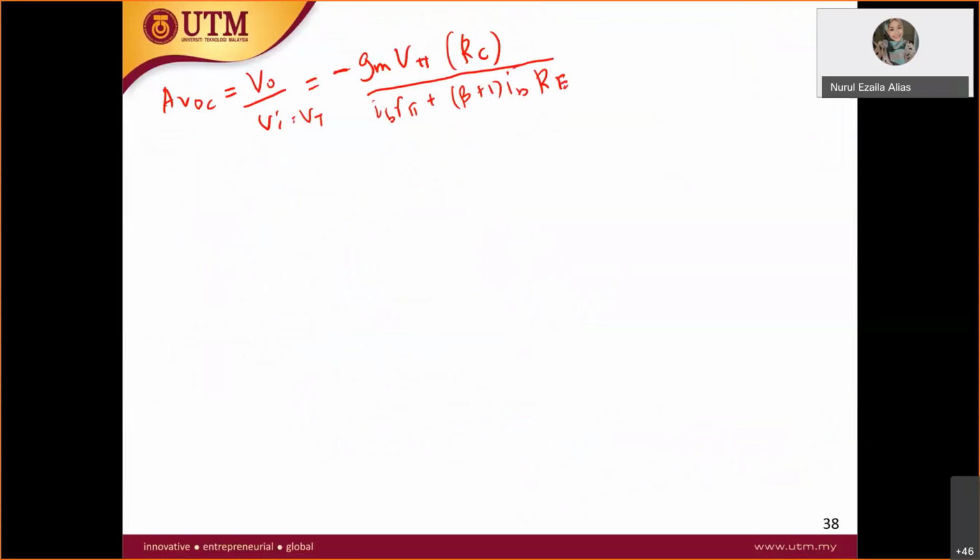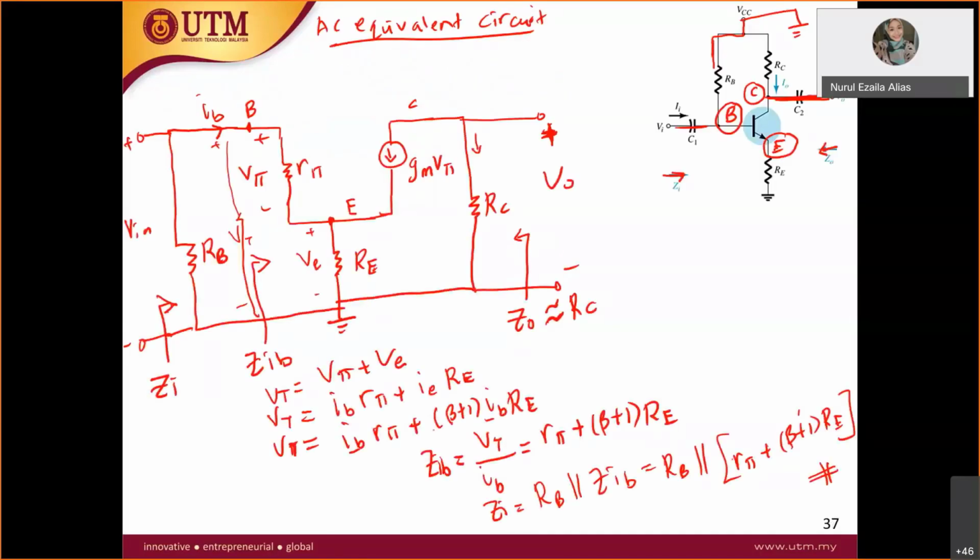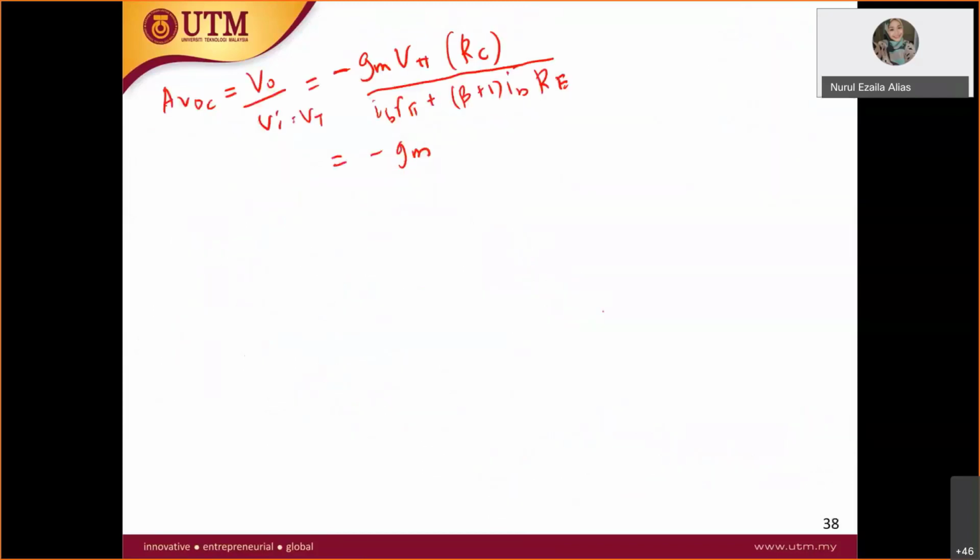Now it's all a matter of cancelling out, I mean, you simplify your equation. Let's take a look at V pi. V pi is equal to what? I have written it here. V pi is equal to IB R pi. So let's put IB R pi here, and then you have RC, and then you take out IB at the bottom here. So you will have R pi plus beta plus 1 RE.